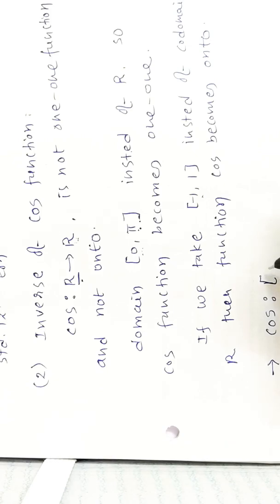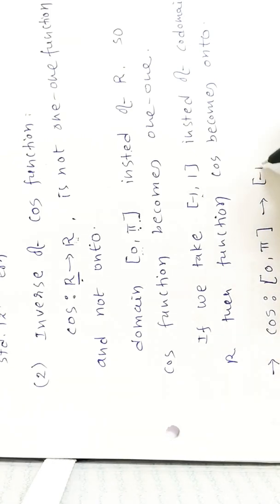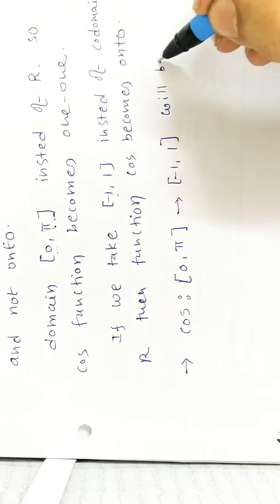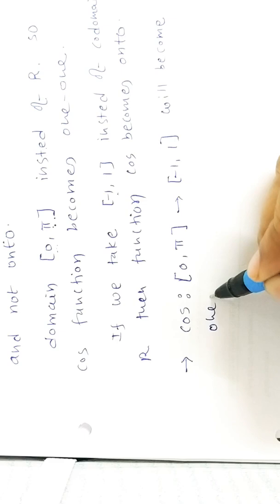Cos from 0 to pi to -1 to +1 will become one-one and onto.